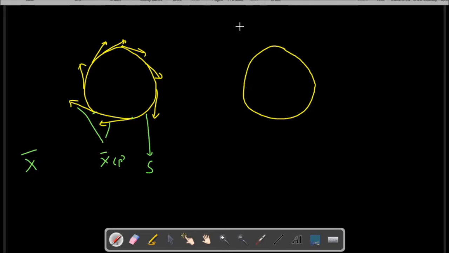Another vector field I can draw is the perpendicular vectors. At each point I can draw normal vectors. Like this I can draw, normal to the curve.